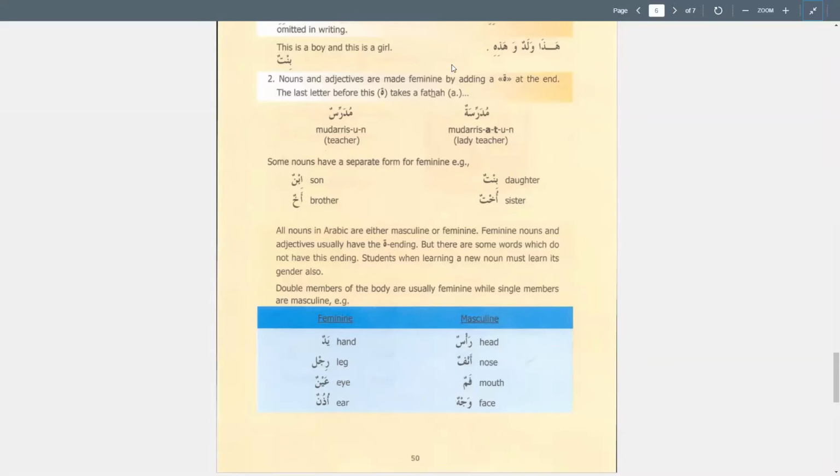Now you'll notice that the difference between these two, to decide whether or not the body part is masculine or feminine, is determined by how many you have. If you have one of something, it goes in the masculine column. If you have two of something, it goes in the feminine column.